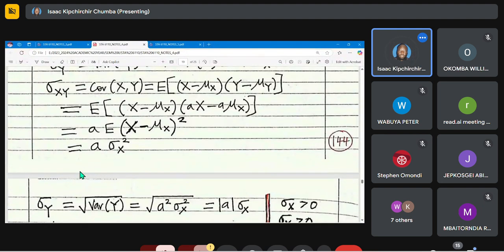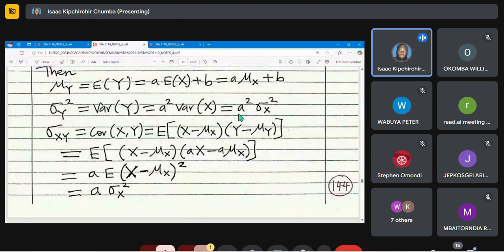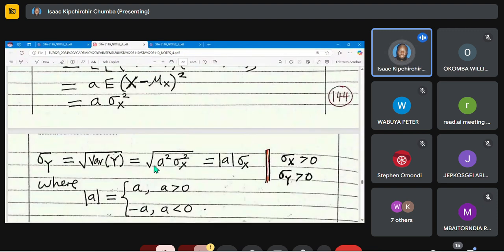Now, we have to get the standard deviation. The standard deviation of y is the square root of the variance of y. But the variance of y is a squared sigma x squared, so we take the square root. Of course, the square root of sigma x squared is the standard deviation, sigma x.